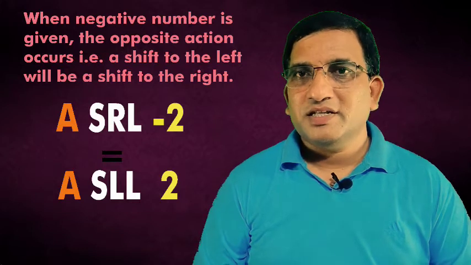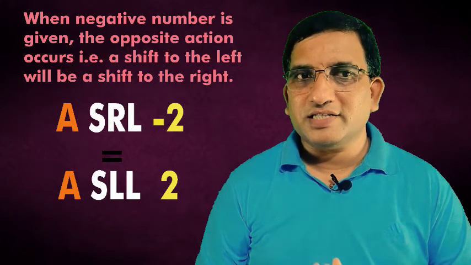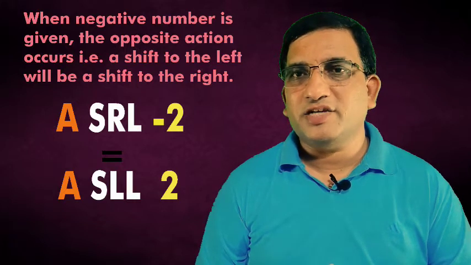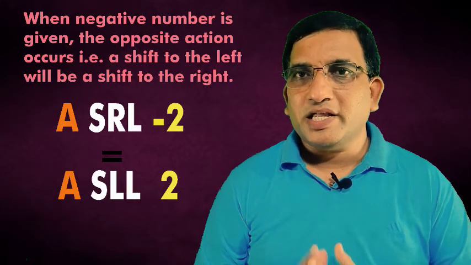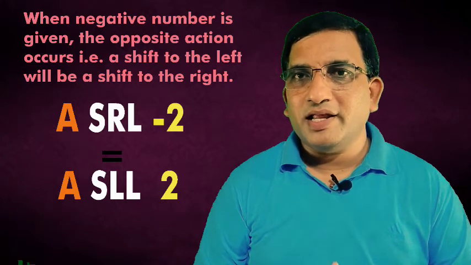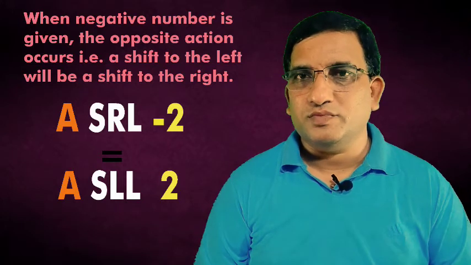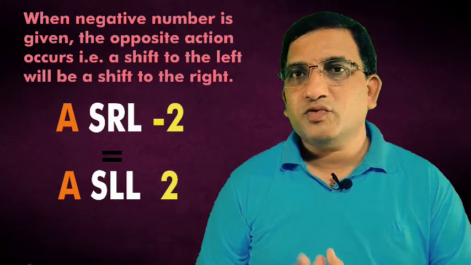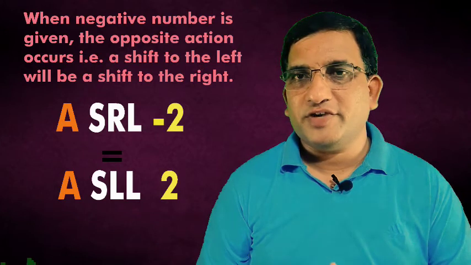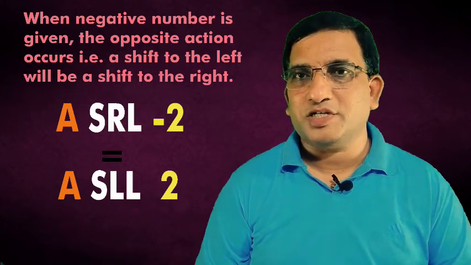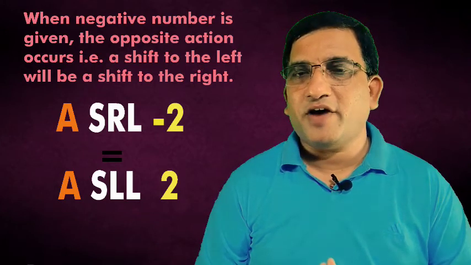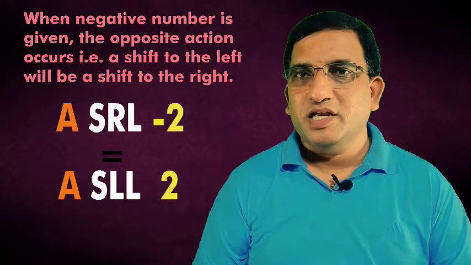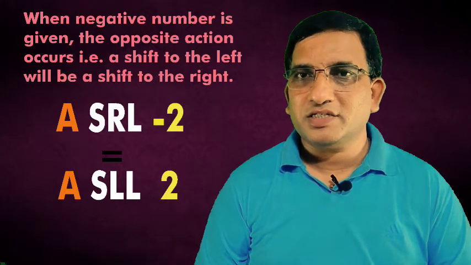What does this mean? It means if I use A SRL 2, then it is doing the right shifting by 2 bits. But if I use the command A SRL -2, though I have specified the shifting to the right, SRL stands for shifting to the right by 2-bit positions, if I specify a negative integer along with this operator, the operation will be reversed.